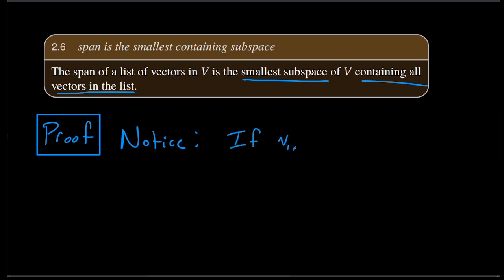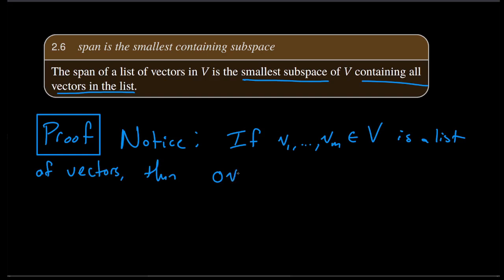If v1 through vm is a list of vectors in a vector space V, then 0v1 plus 0v2 and so on, all the way up to 0vm is 0.